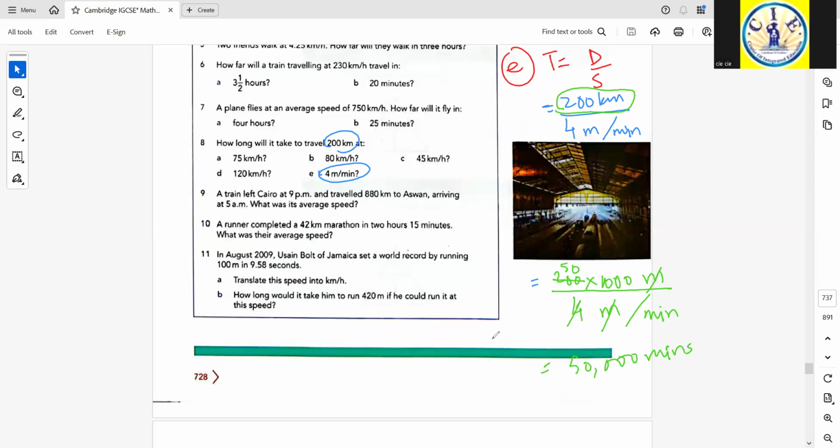So if you divide it by 60, it would be converted into hours. So 50,000 divided by 60 is 833.33.